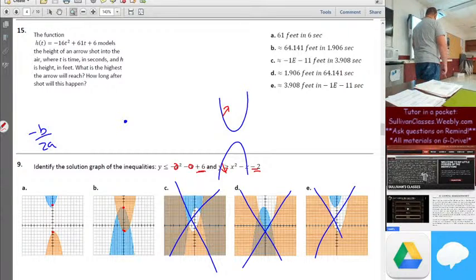But the one with -2, the y is going up. Oh. The one that says +6 should be shading below. Which is why it makes a really good multiple choice question, not so much a go-do-this question, because then it takes longer.